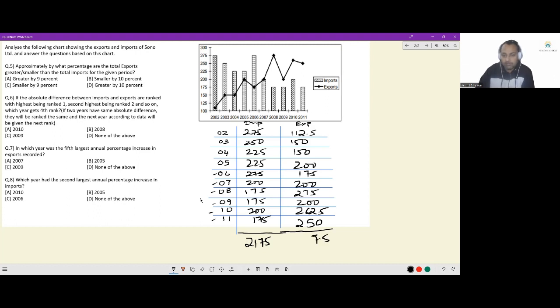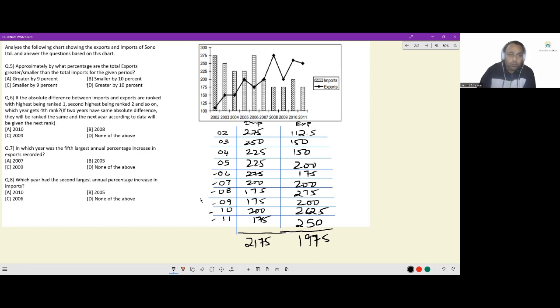So 75 with 3 carried over. 1, 2, 3, 4, 5, 6, 12 plus 13, 14, 15, 16, and 3 carry over. So 1975. So first thing we know is exports is lower than imports.